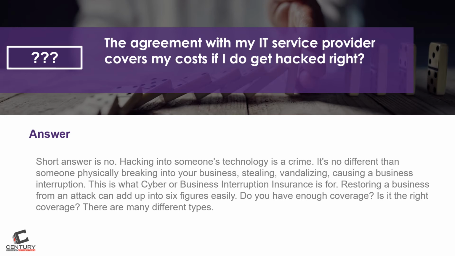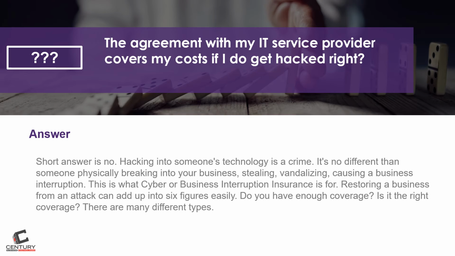But the important thing is that with all of the risks that there are today, do you have enough coverage? And is it the right coverage? There are many different types of coverages out there. And I mentioned in an earlier slide that you can't look at the face value of your cybersecurity binder and think, I have, let's say, $250,000 available to me for all of my recovery costs if I was to have a security breach and a cybersecurity attack.